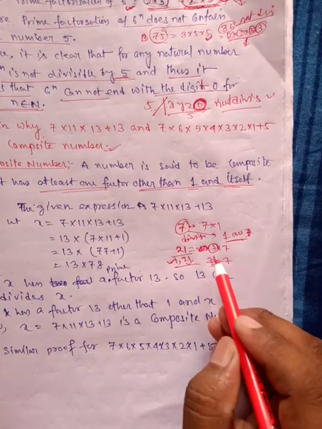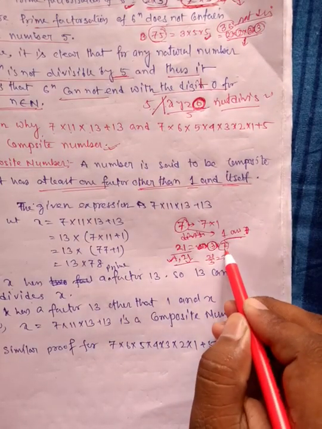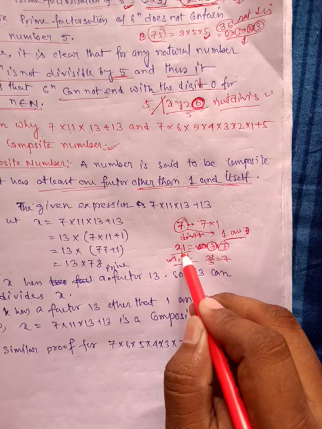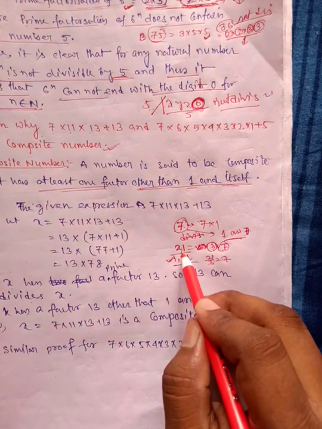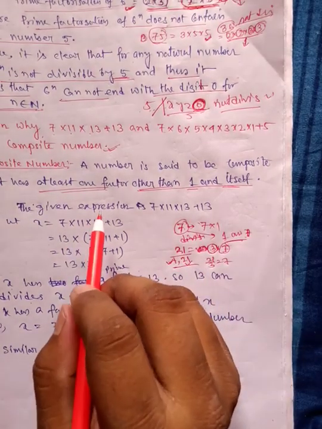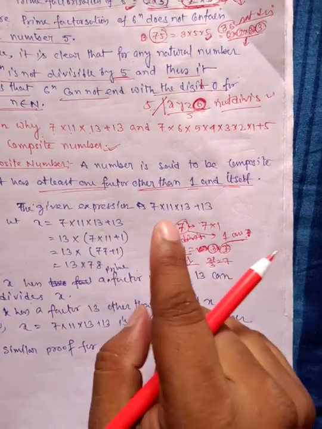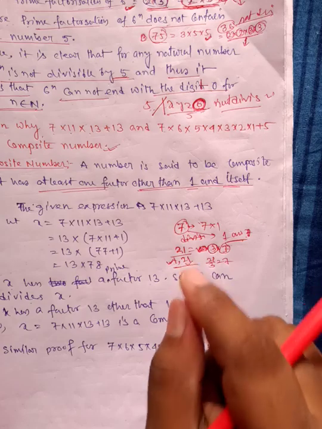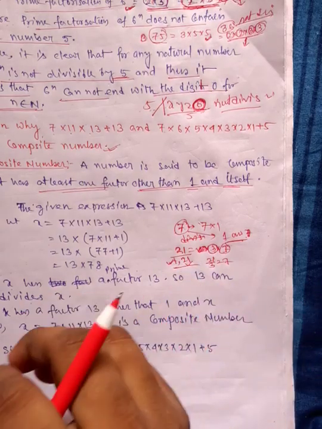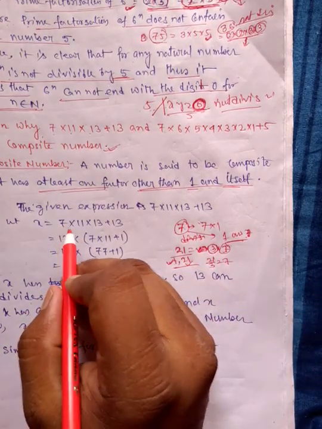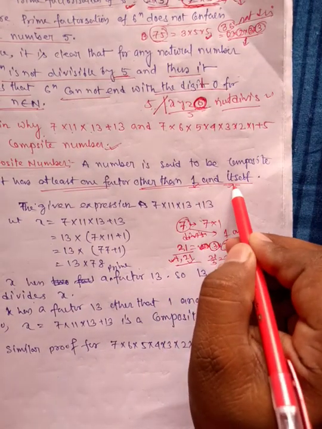Understood? So there are two other factors, 3 and 7, which can divide 21. So for a composite number you have to show at least one factor other than 1 and that number.